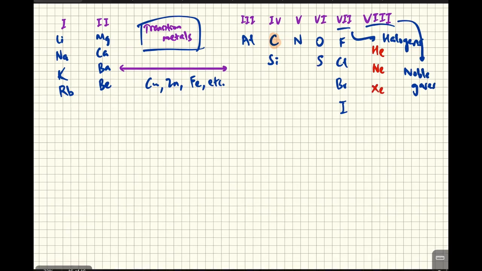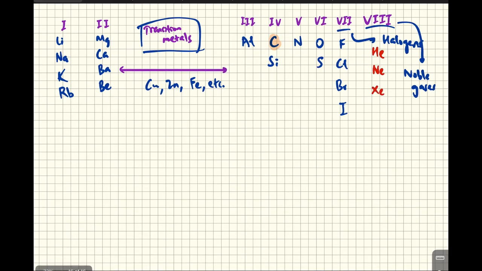So this is just an overview of the different elements in the different groups of the periodic table. And just before I forget, you also have hydrogen, which is placed above all the elements in group 1 in the periodic table.